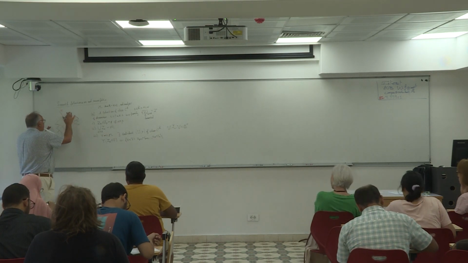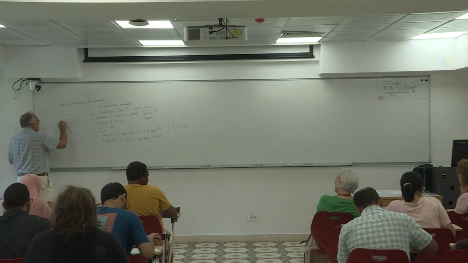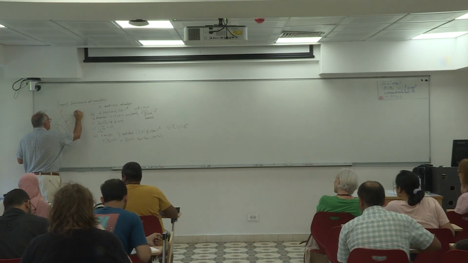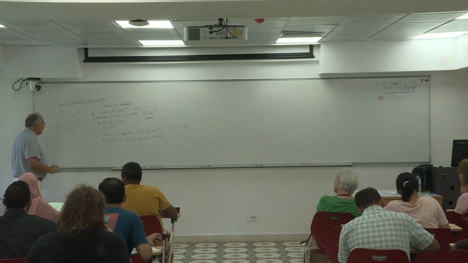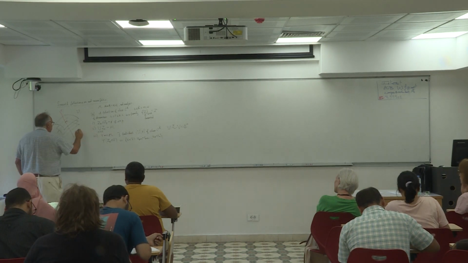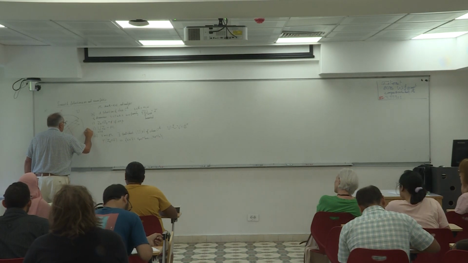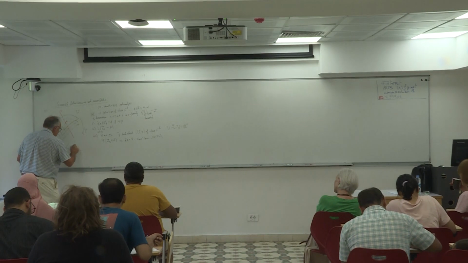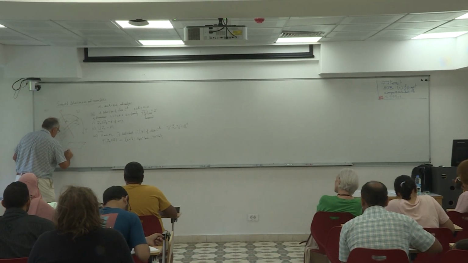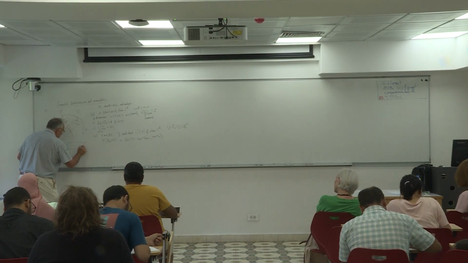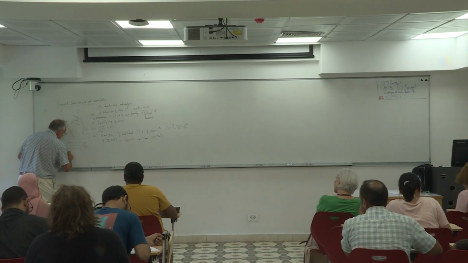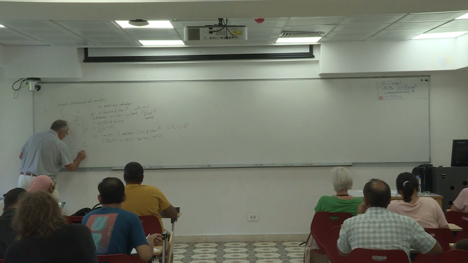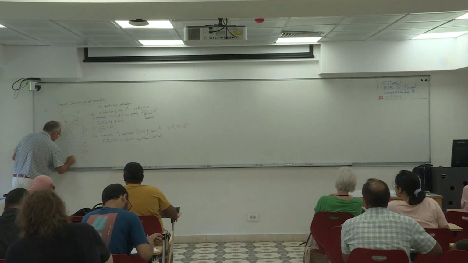So we have a manifold, and for any point I can find a neighborhood. This is a neighborhood, and we map it by phi to something very regular, like this.